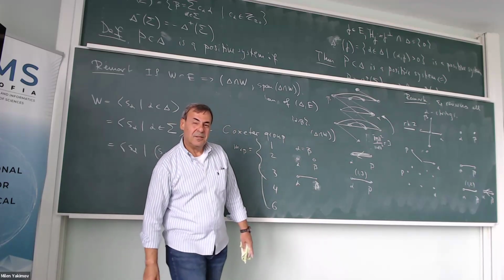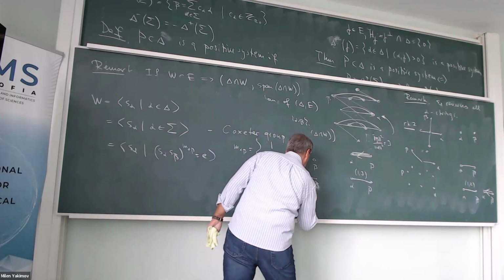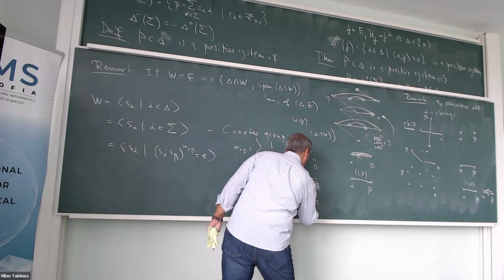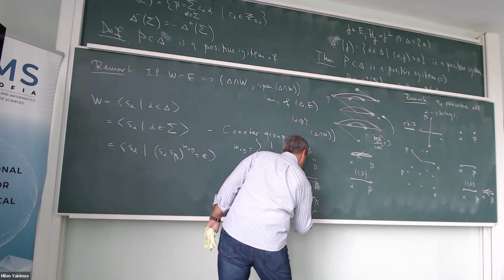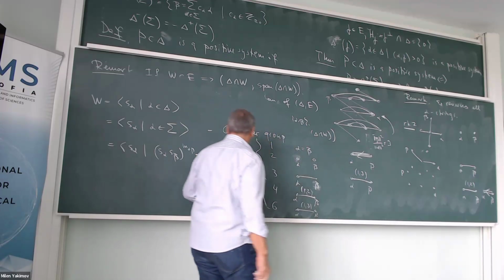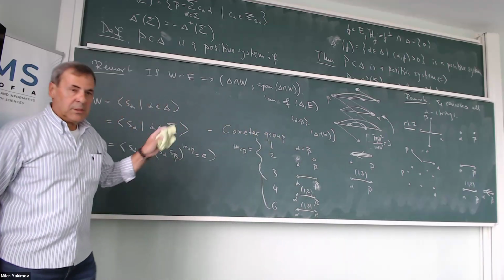If it is 1, 2, it is 4, and if it's 1, 3, it is 6. So this is the documentation of the course.